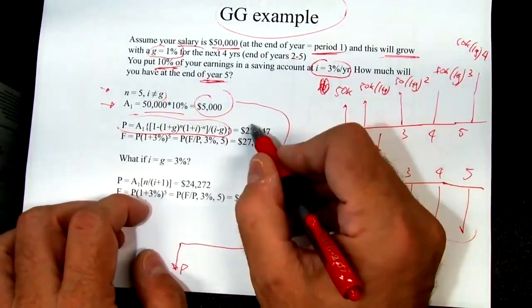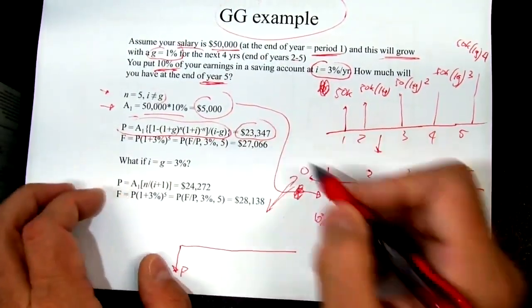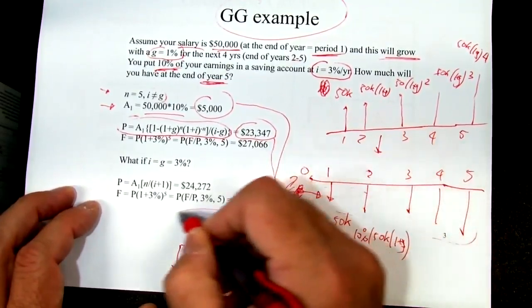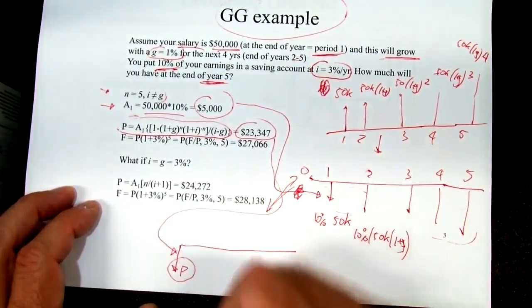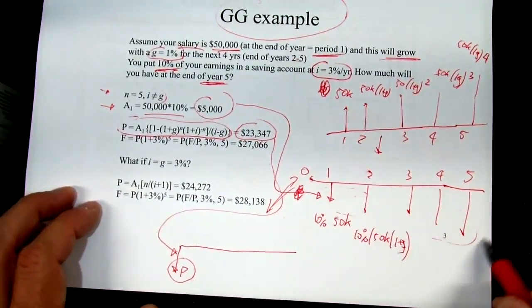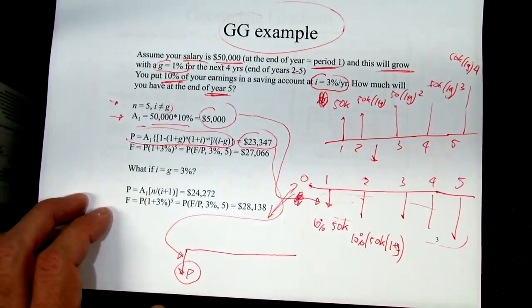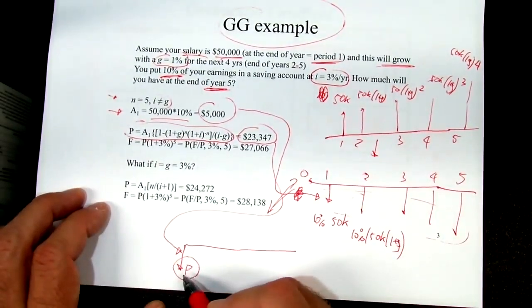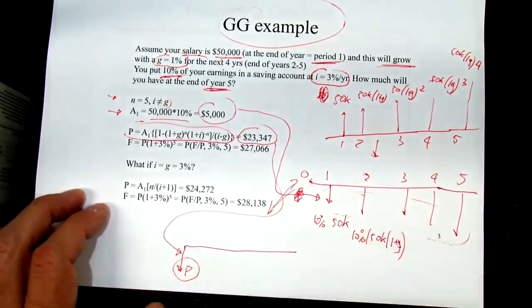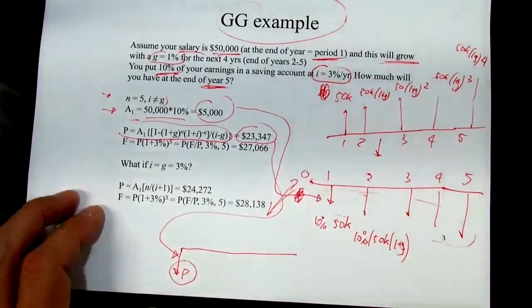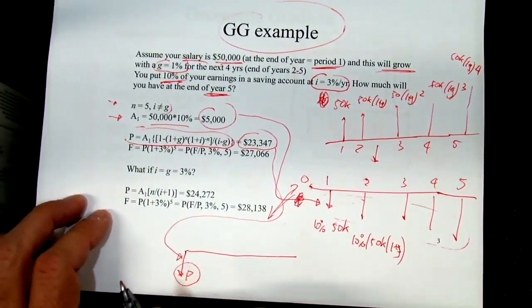You do the math and you get this value. This 23,000 more or less is the equivalent amount of money of the future deposits that you are going to make. Doesn't mean that you have this amount of money now. No, it doesn't mean that. It just means that that number is equivalent to the cash flow that you are foreseeing for the future.